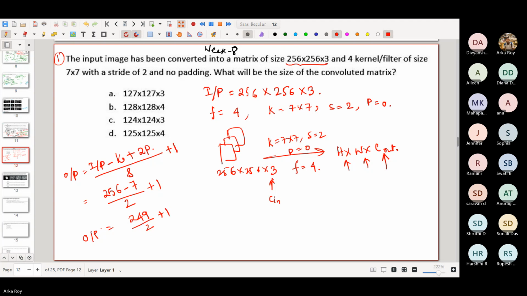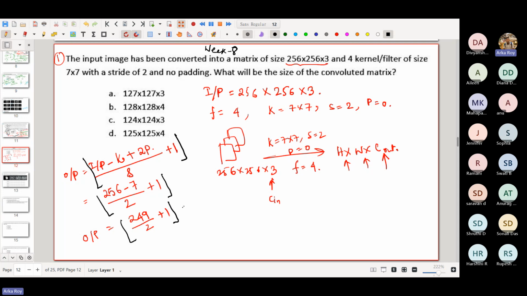No, sir. So generally we use this formula, but this formula is not complete. For such cases, when you do not get any whole number, you have to take the floor value. You can check any Keras, TensorFlow, or PyTorch documentation. There you will see that this is the sort of equation that they follow.